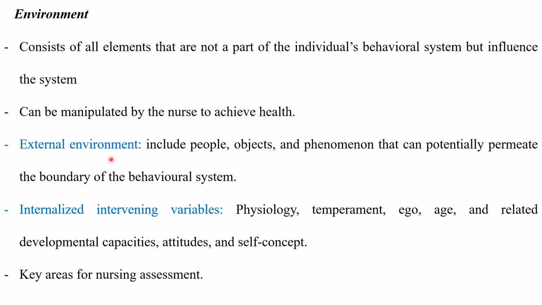External environment includes other people, objects and phenomena that can potentially permeate the boundary of the behavioral system and can disrupt the system. Internal environment includes a person's physiology, temperament, ego, age-related developmental capacities, attitudes and self-concept. So the internal and external environment is a basic area for nursing assessment.